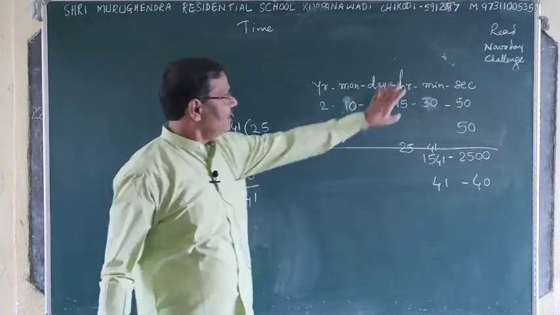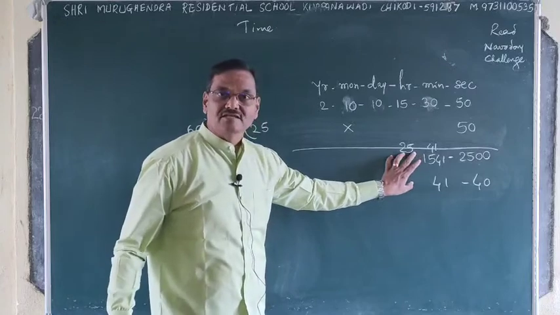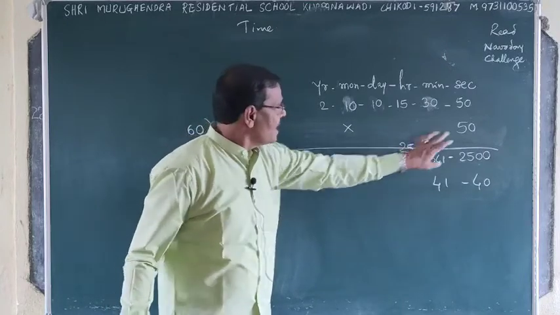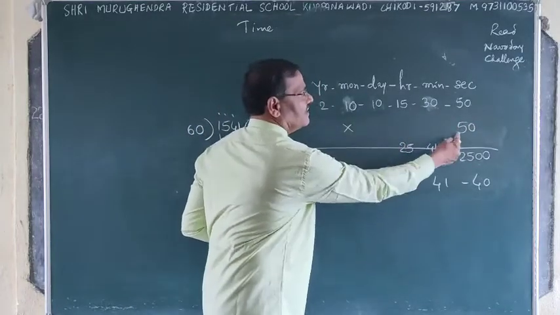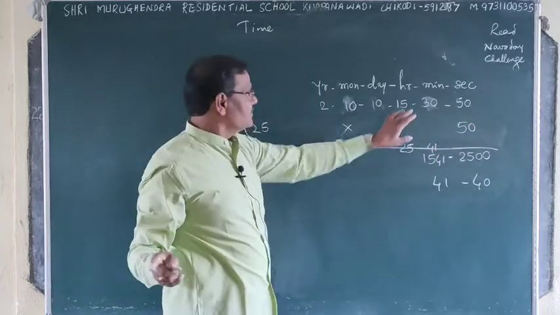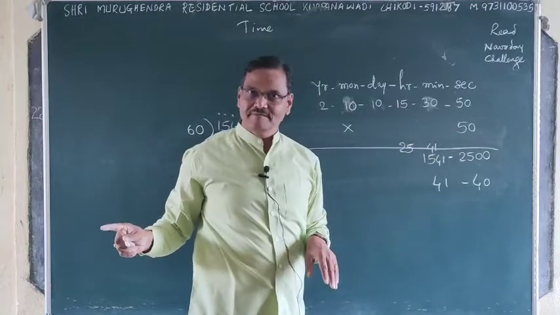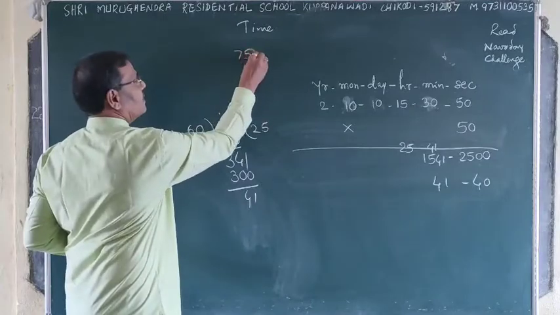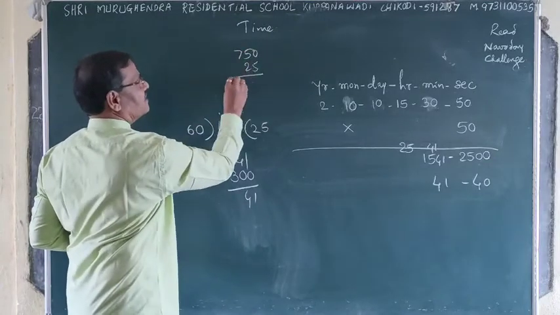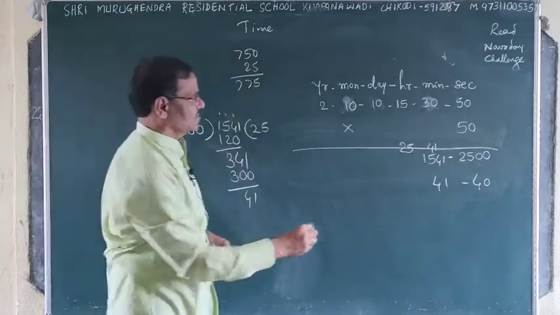That quotient should be kept in the next, the hour part. Then again 15 5s are 750, that is 75 plus zero, 750, plus 25, that is 775 it is.